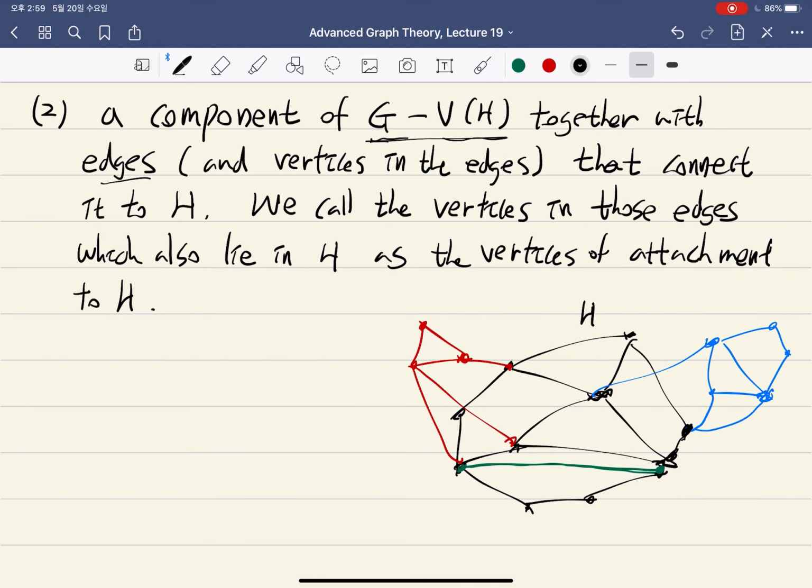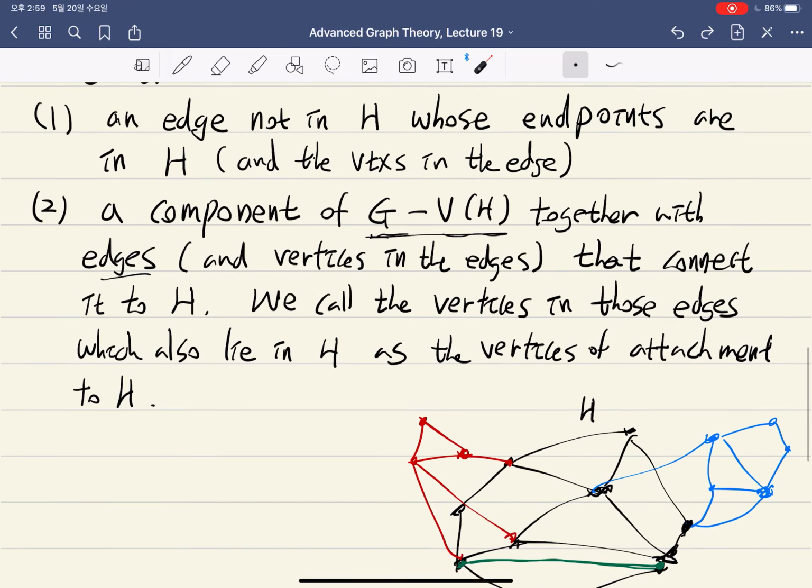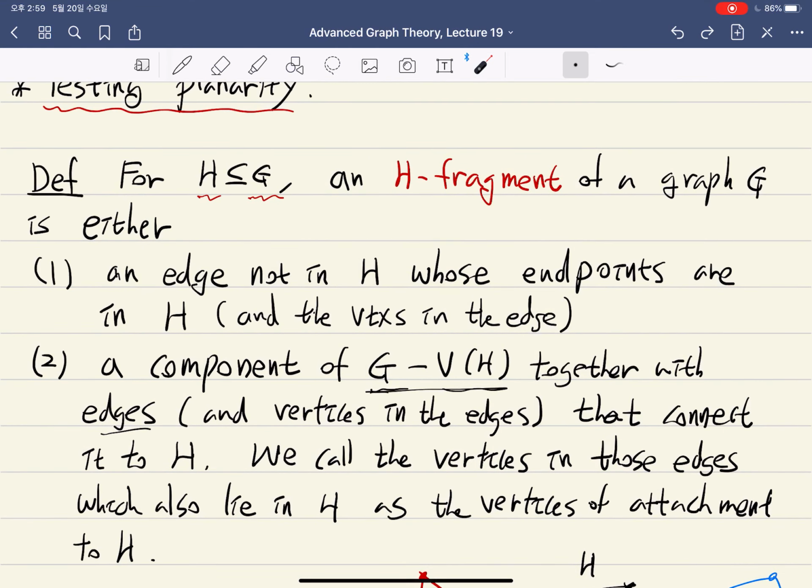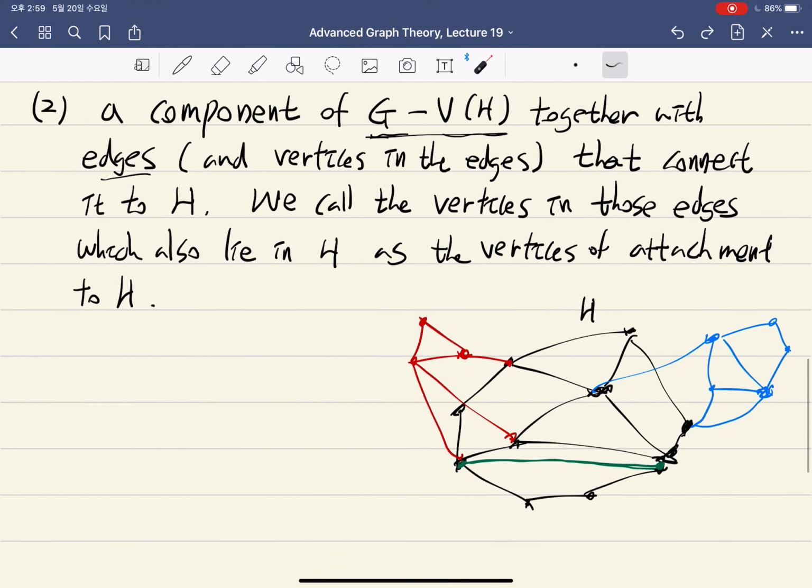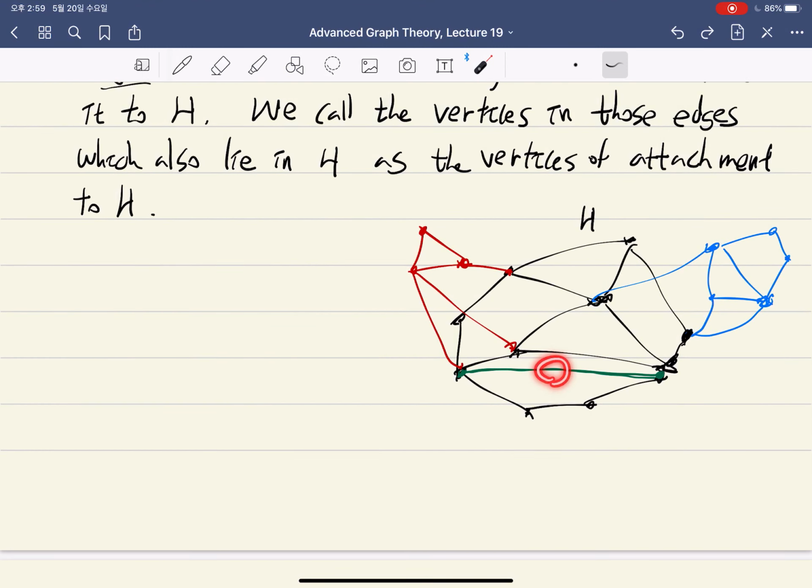So this edge is an edge not in H, but whose endpoints are in H. So this satisfies the first condition. So this is an H fragment.